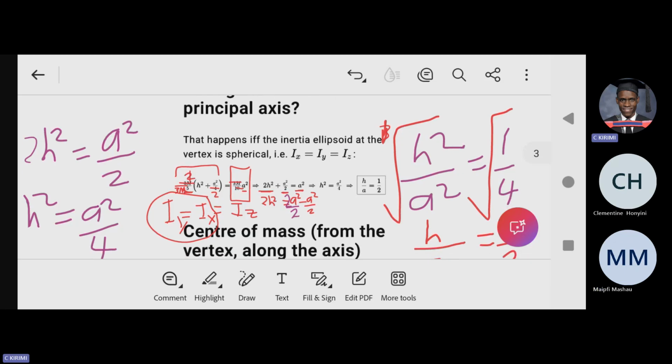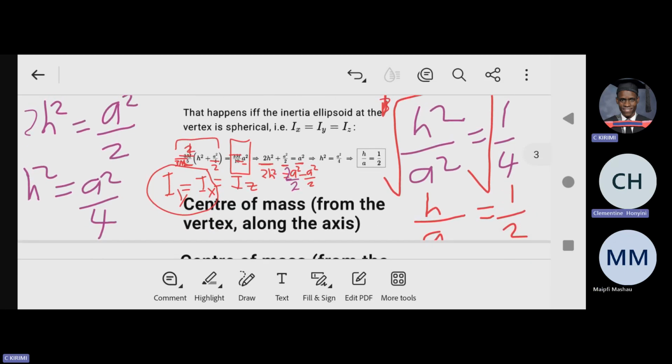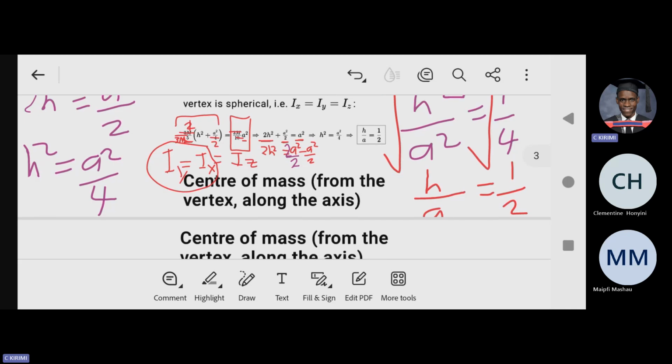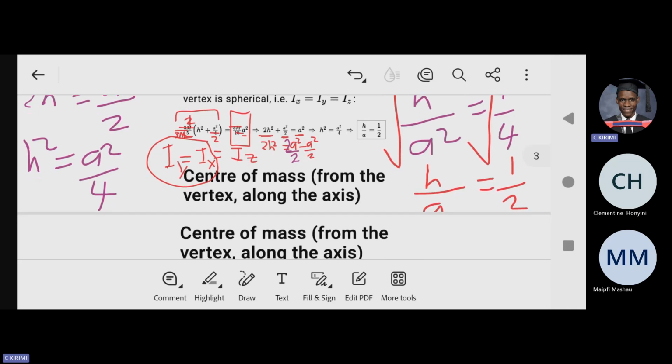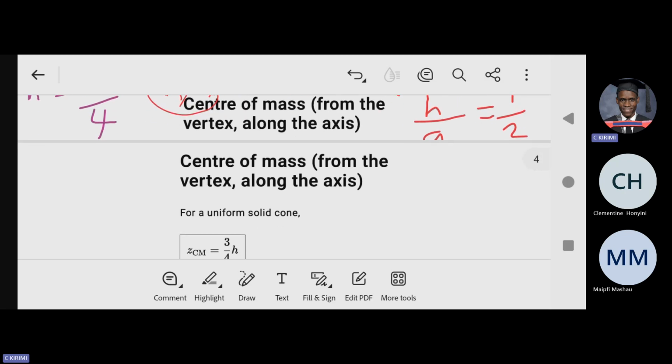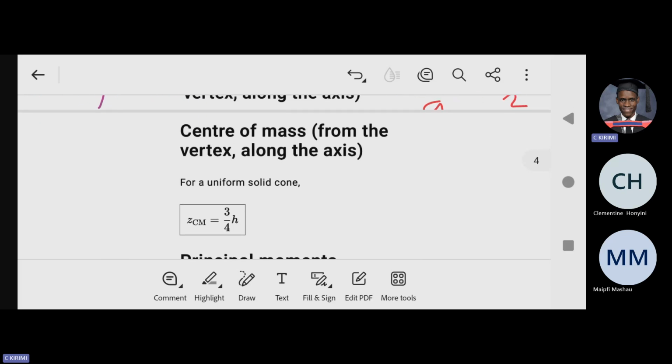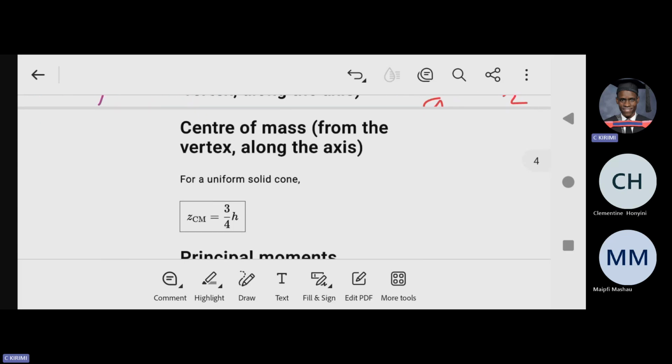So now we are calculating the center of mass from the vertex along the axis.